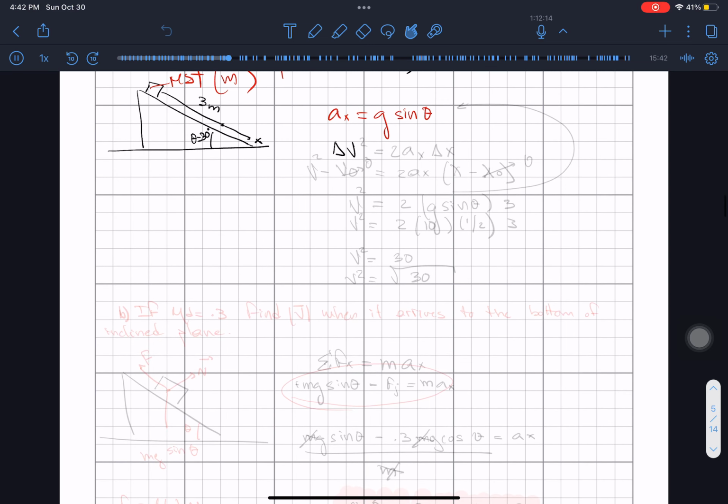Delta v squared equals 2 times the acceleration times the change in position of the object.